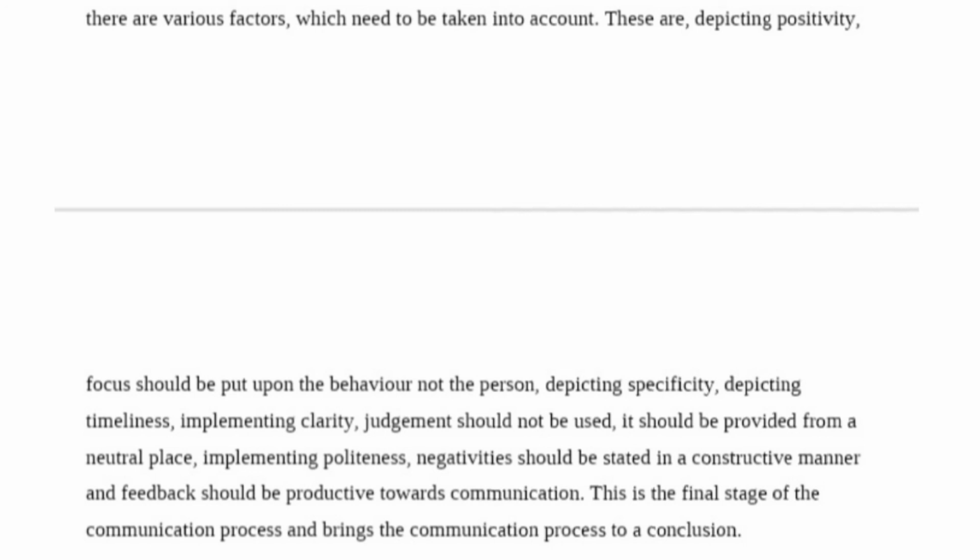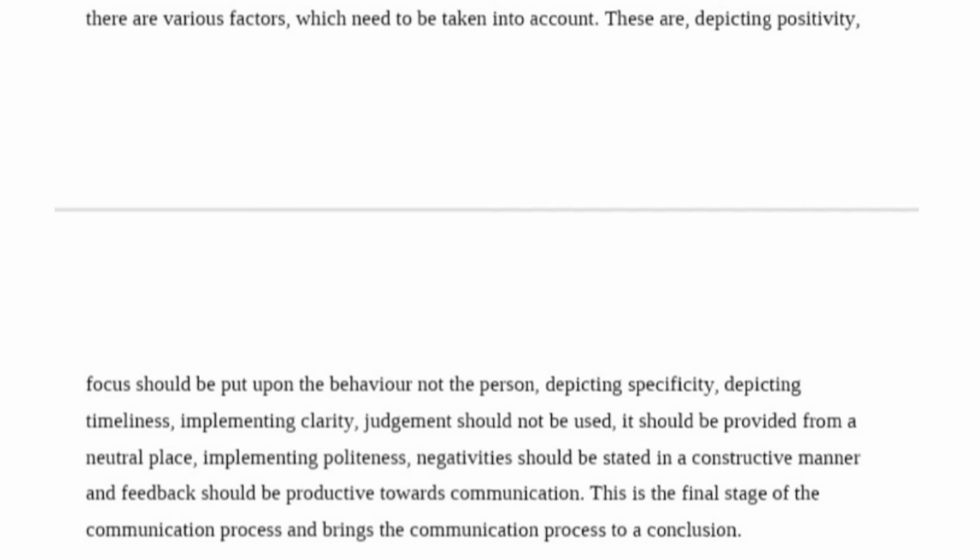Negativities should be stated in a constructive manner, and feedback should be productive towards the communication. So, feedback should be clear, and judgment should not be needed. It should be in a polite manner.